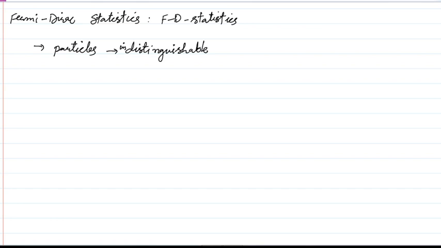And only one particle occupies a given energy level.